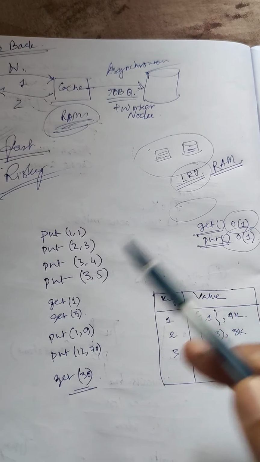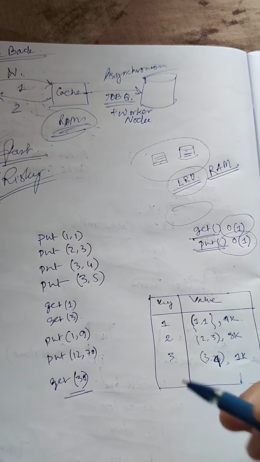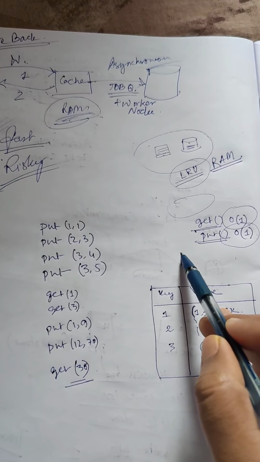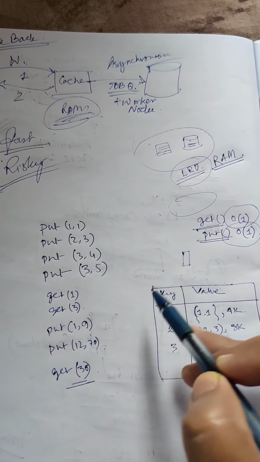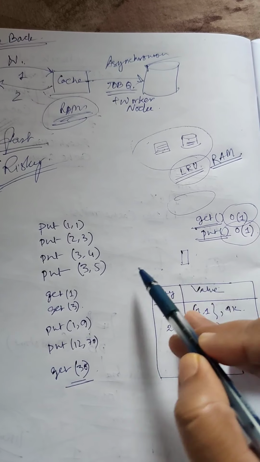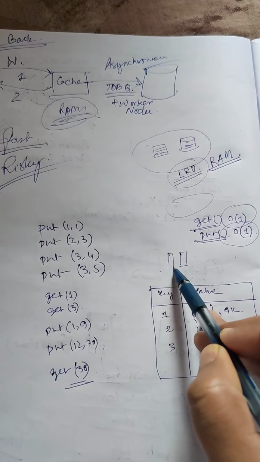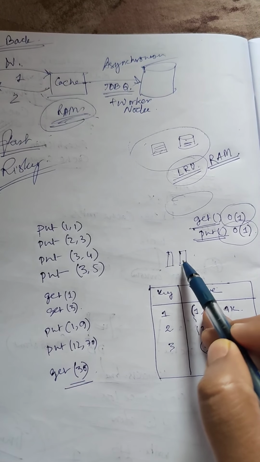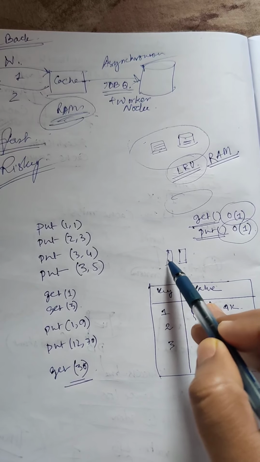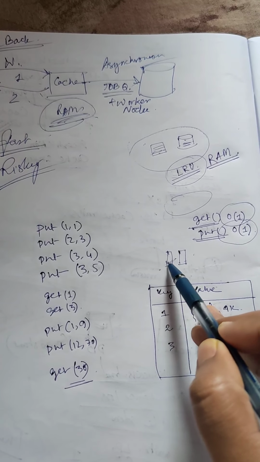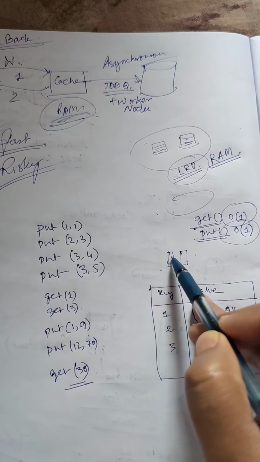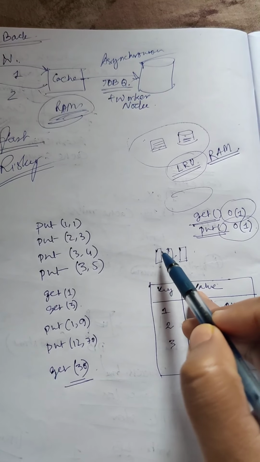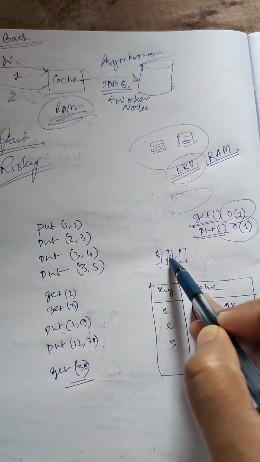First of all, you can assume it's a queue based mechanism. That means the first item which comes will be added at the beginning, and whenever the next item comes, it will be added at the front. And the older item is going to be relatively more obsolete than the item which has been added newly. For example, say 3, this is 2, this is 1.